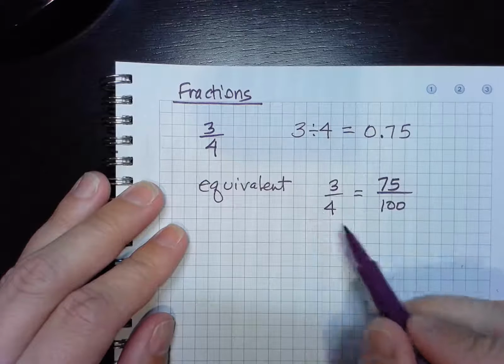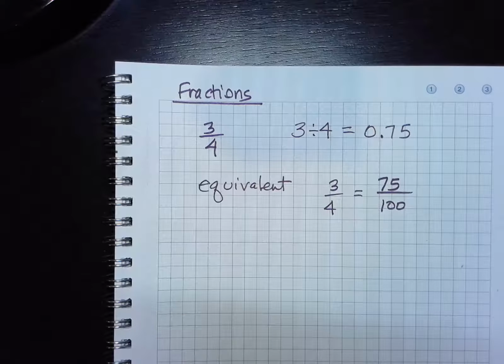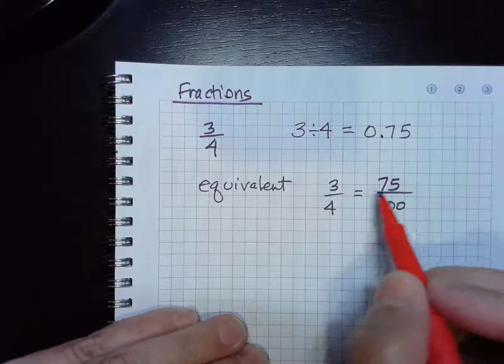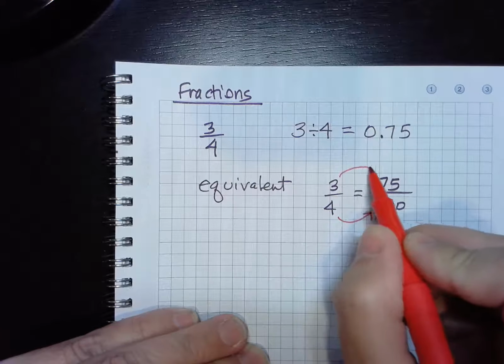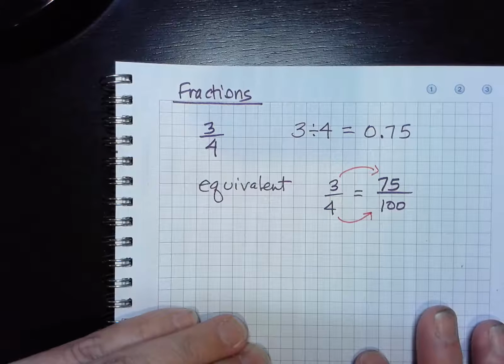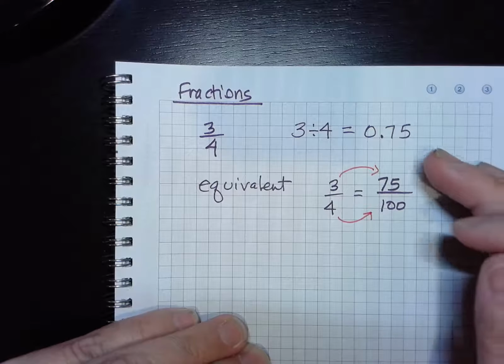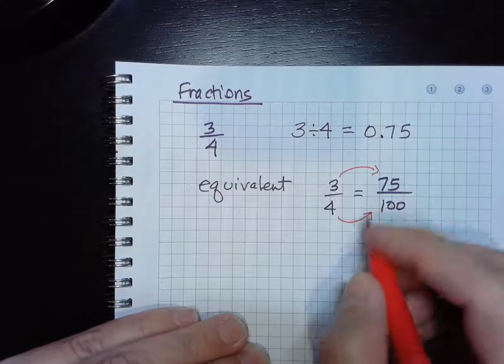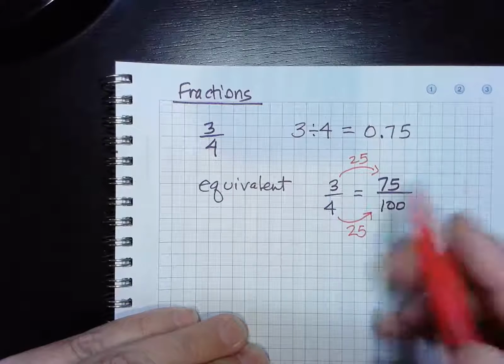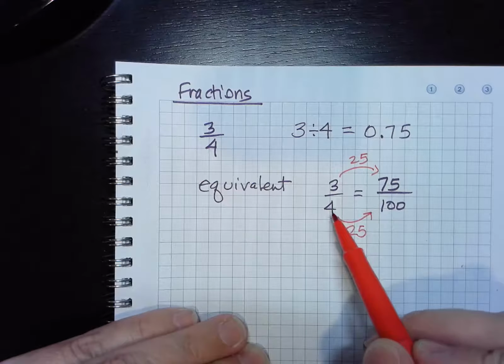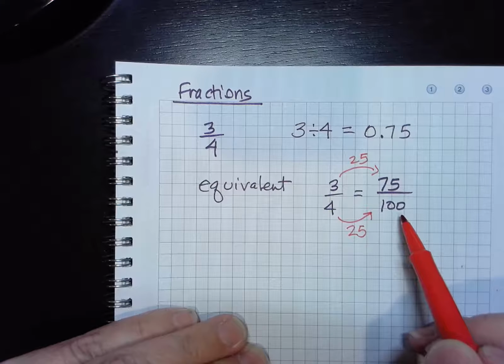So to make these equivalent fractions, we use multiplication. I know these are equivalent because if I multiply the denominator and the numerator by the same number, then I would get the 75 over 100, and let's say I multiply by 25. 3 times 25 is 75, and 4 times 25 is 100.